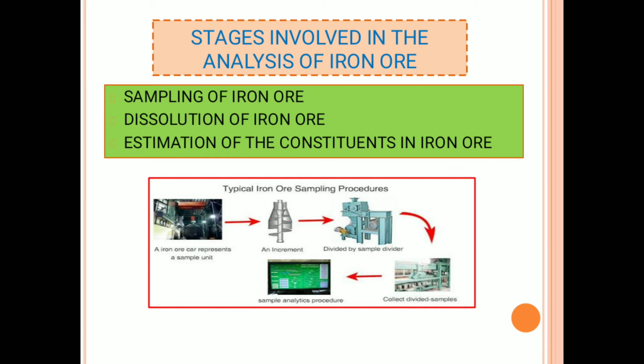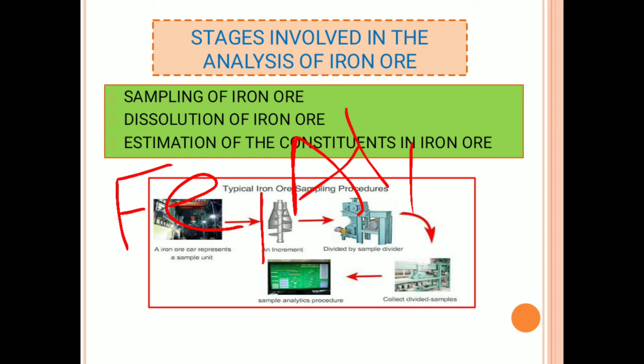The iron ore contains many materials like iron, aluminum, manganese, magnesium, etc., in small quantities.